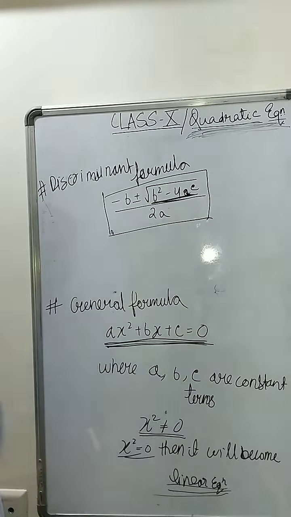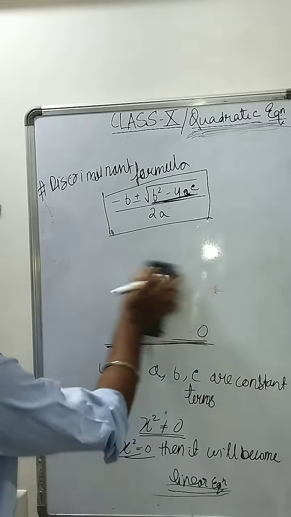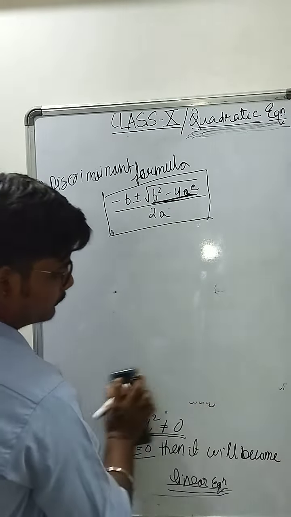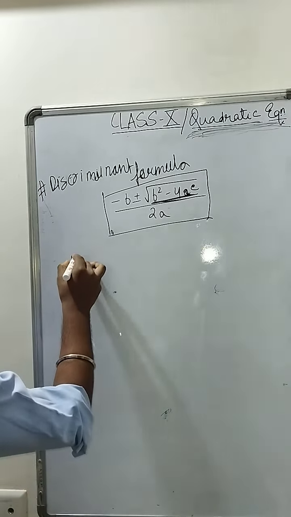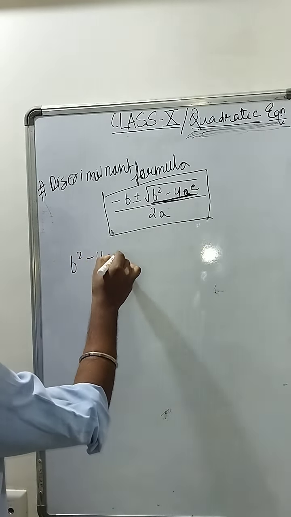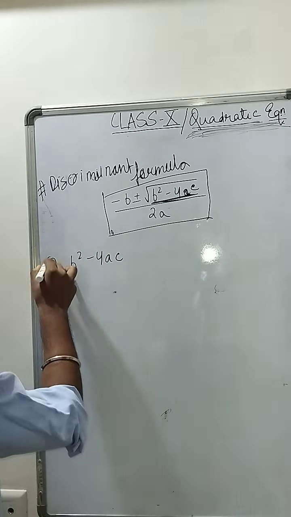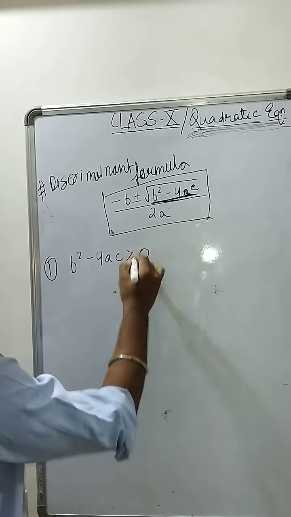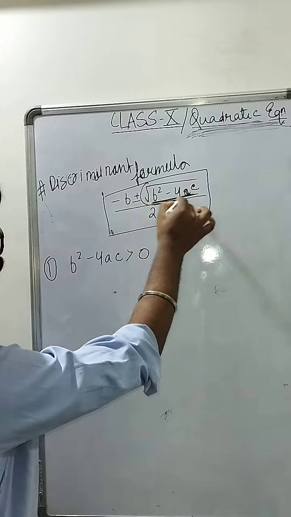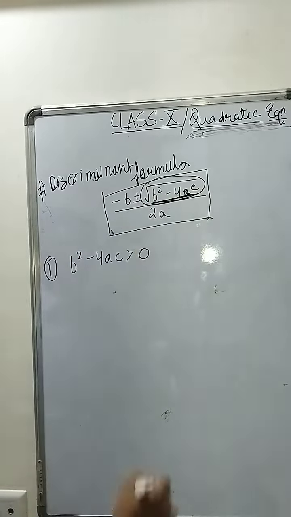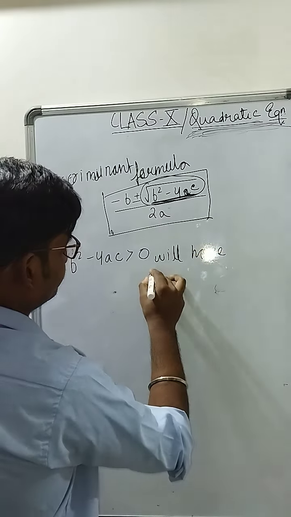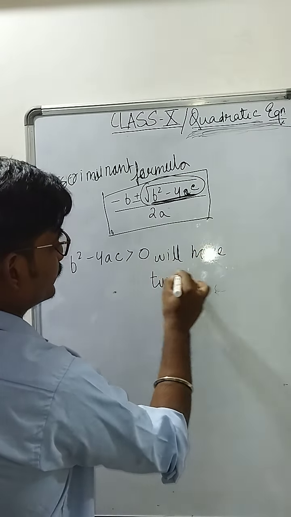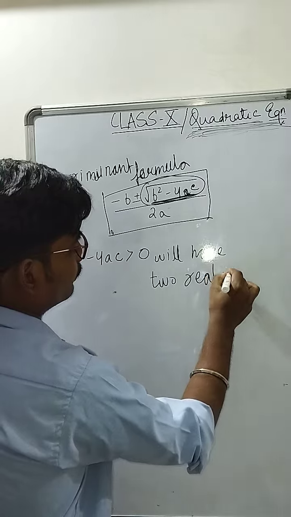So let's see what are the 3 conditions. First condition, if b square minus 4ac is greater than 0, then this whole root will have 2 real values.